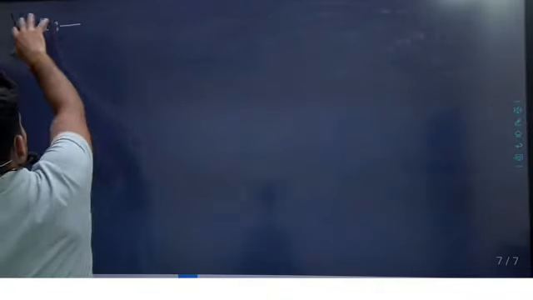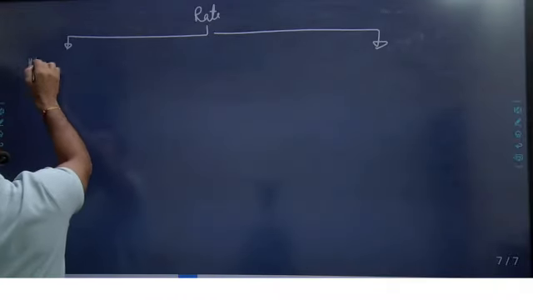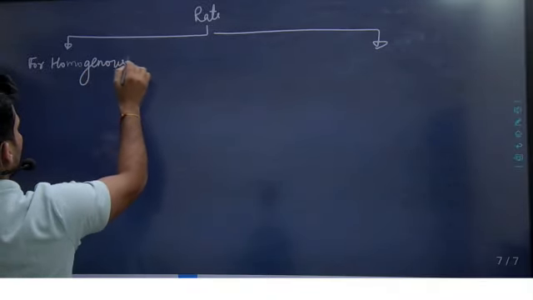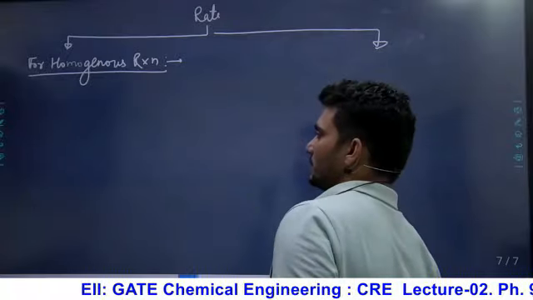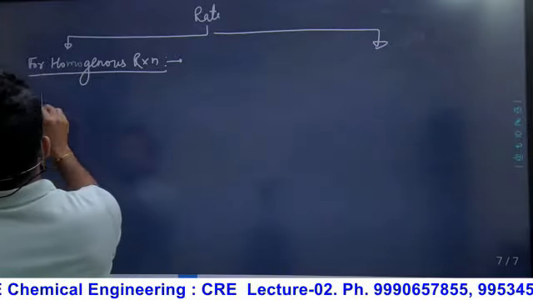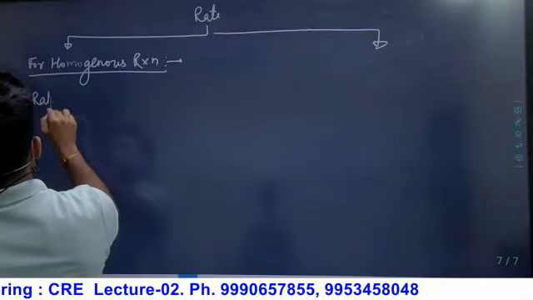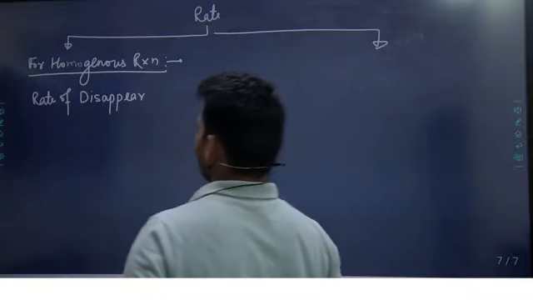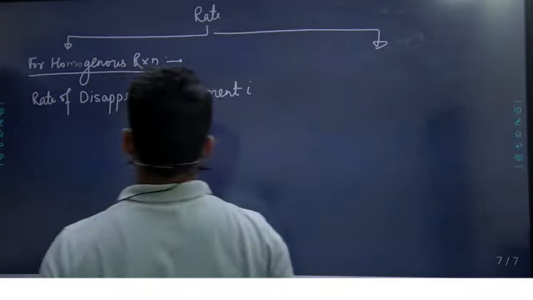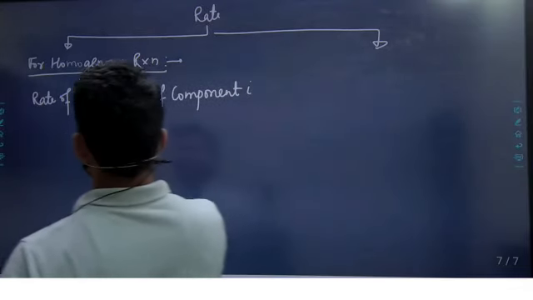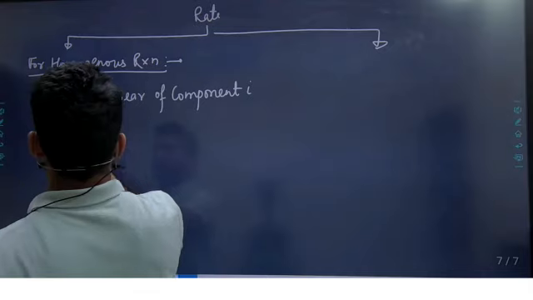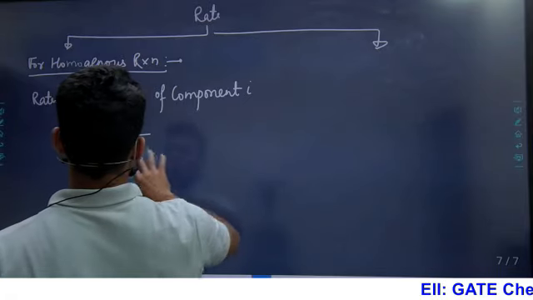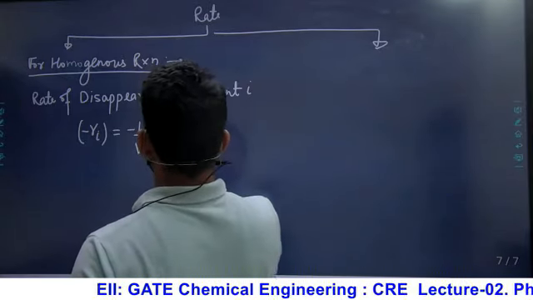We are defining the rate, or just write down here, rate for homogeneous reaction. How will we define the rate? Rate for the homogeneous reaction. So simple, you will write the rate of disappearance of component I, that is minus Ri, equals minus 1 by V dNi divided by dt.